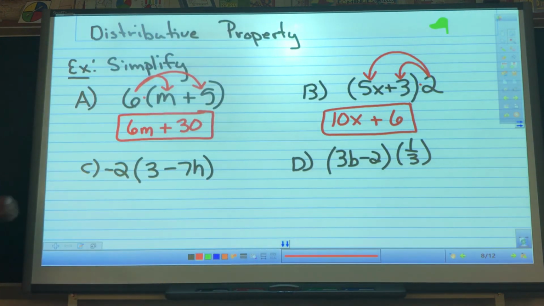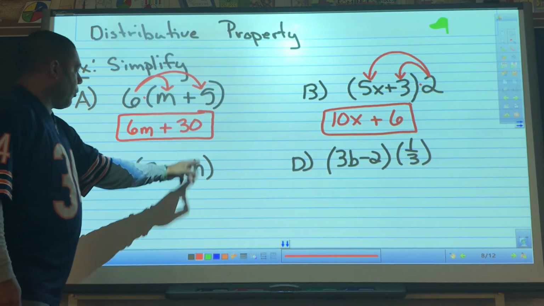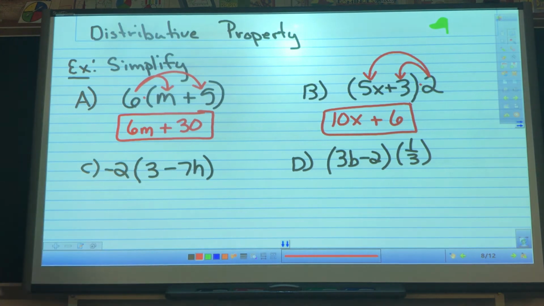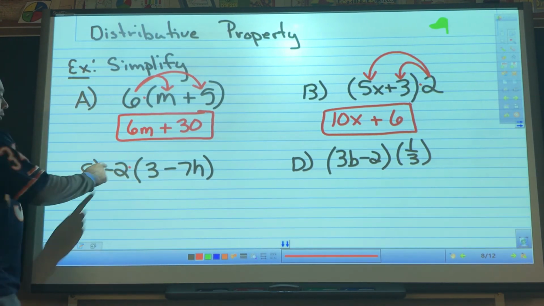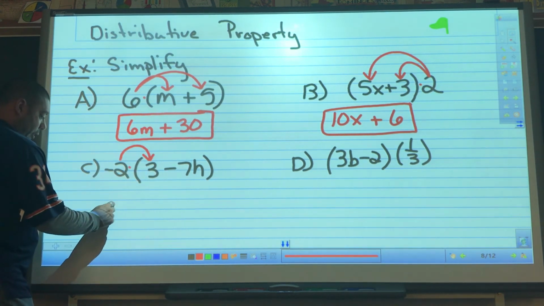With letter C, you want to be careful. Be careful that we're multiplying correctly with these negatives. So it's negative 2, parentheses, 3 minus 7y, close parentheses. Now, this is multiplication again. I have to be very careful though. This is negative 2 times 3. That is negative 6.